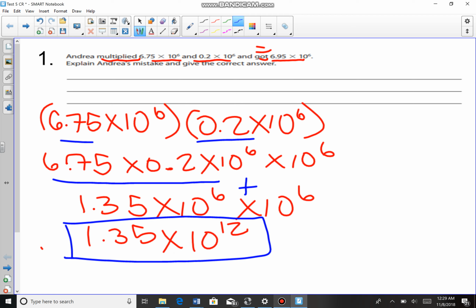So if I compare my final answer to her final answer, then I would notice that she did not multiply her powers of 10. So that would be the first part of my explanation.